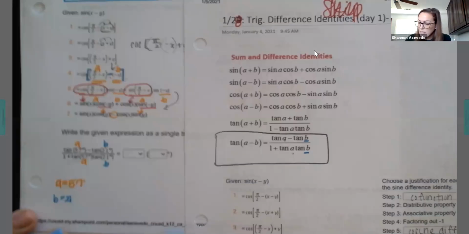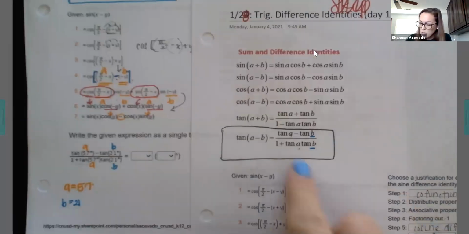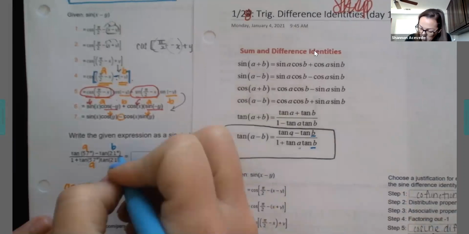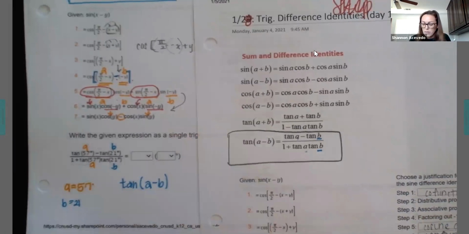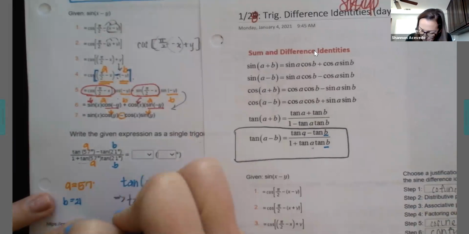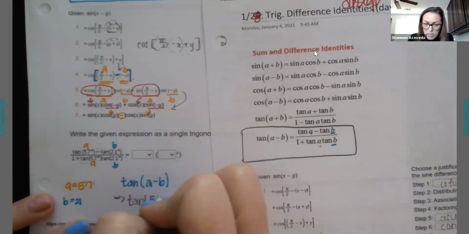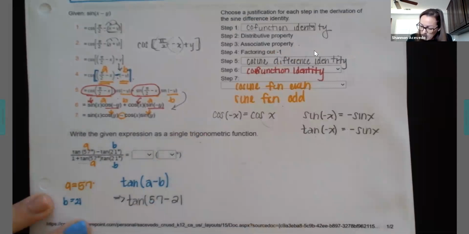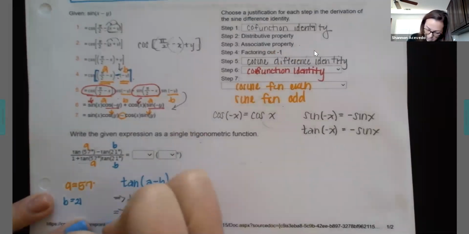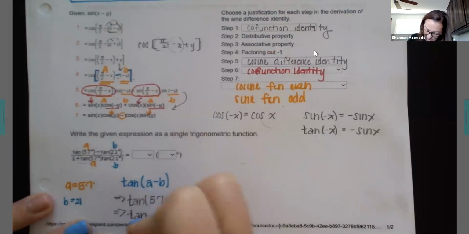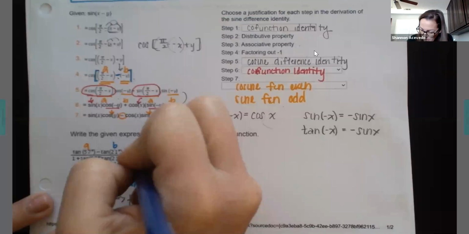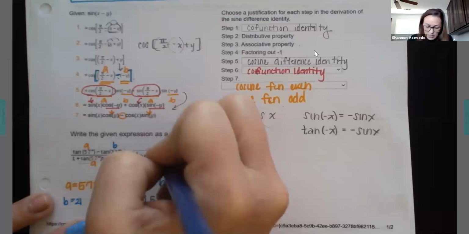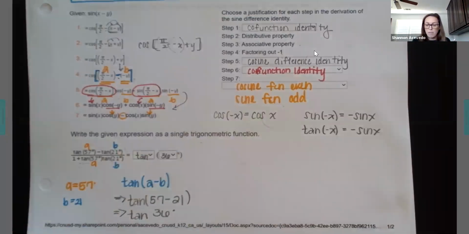And this piece is equal to tangent of A minus B, right? So that has to be equal to tangent of 57 minus 21. 57 minus 21 is going to be tangent of 36 degrees. So this whole thing is equal to tangent of 36 degrees. Done. That's what they were looking for.